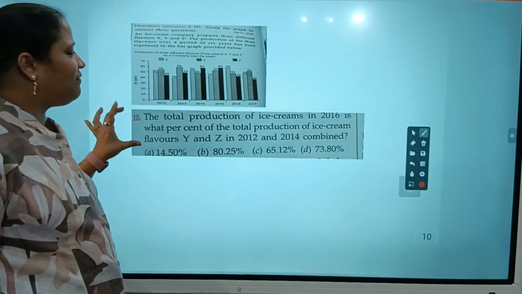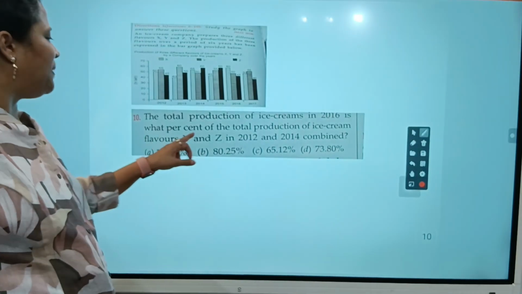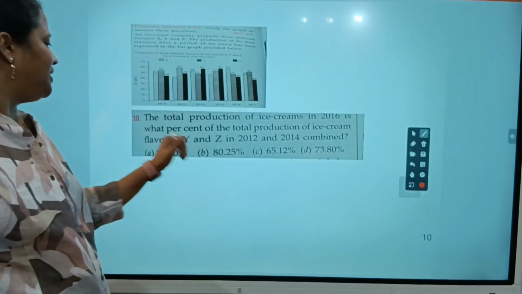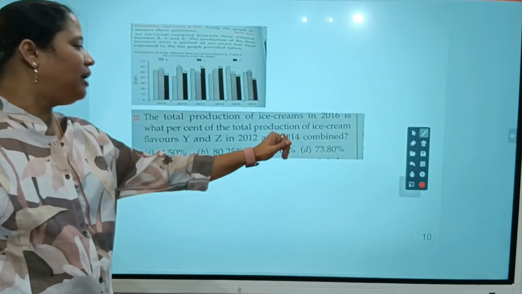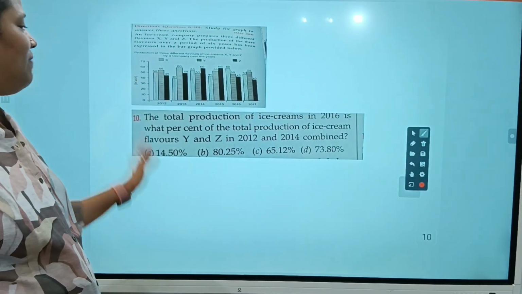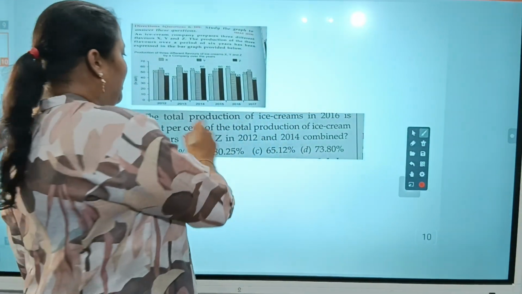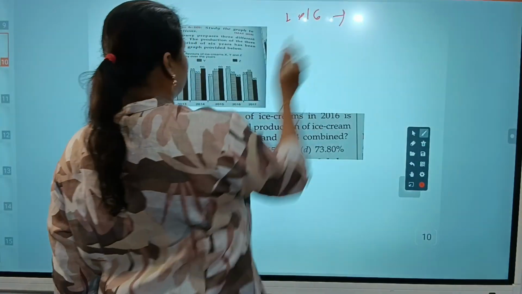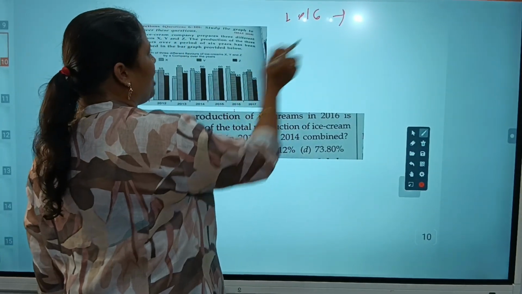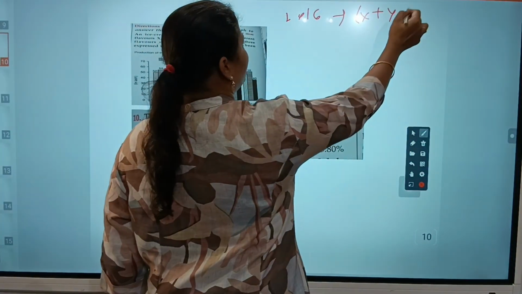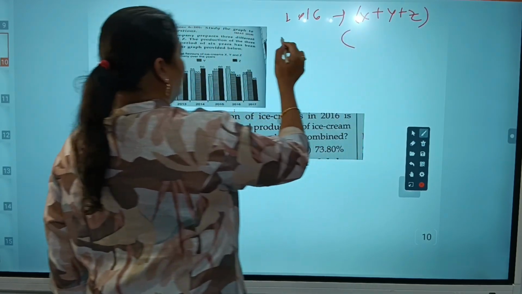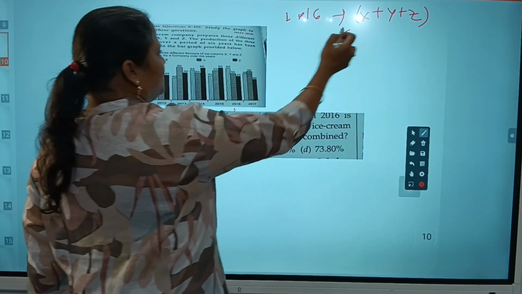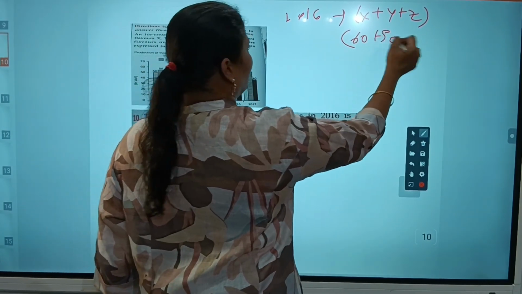The total production of ice creams in 2016 is what percent of the total production of ice cream flavors Y and Z in 2012 and 14 combined? So what we have to see here is the total production of ice creams in 2016. In 2016, how many ice creams are produced of all flavors? X plus Y plus Z. 60 plus 50 plus 40.